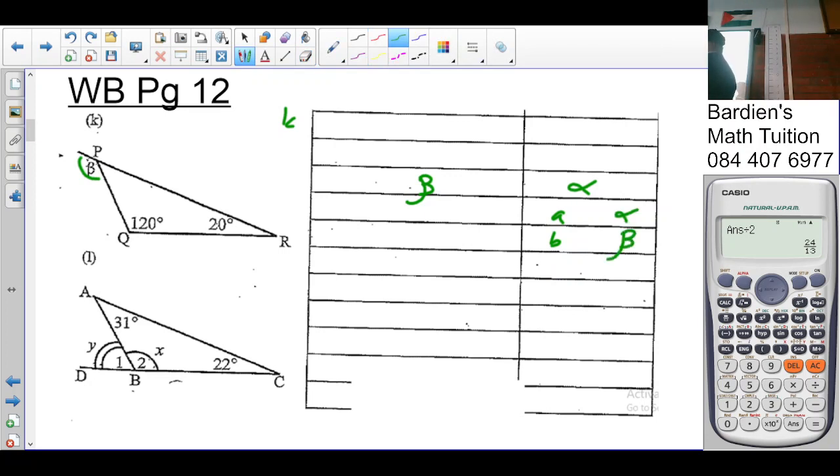There's theta, and there's omega as well. Okay, these are Greek symbols, which basically represent an unknown angle.